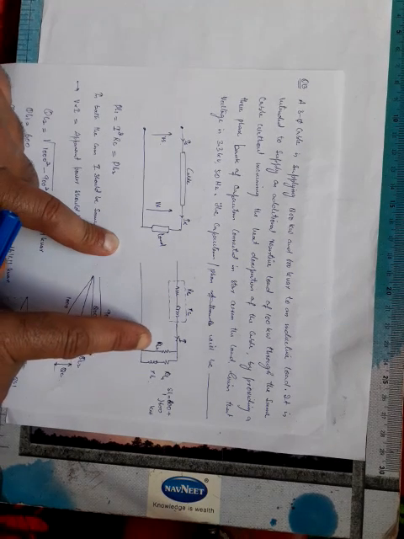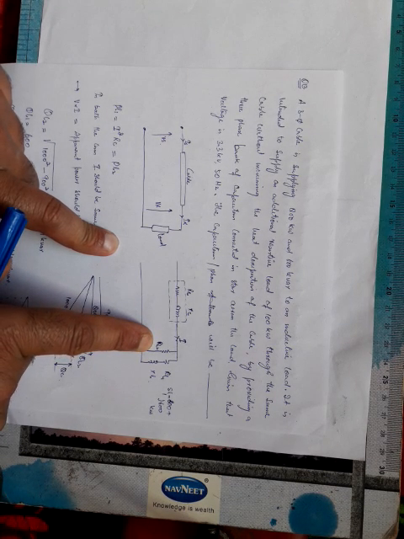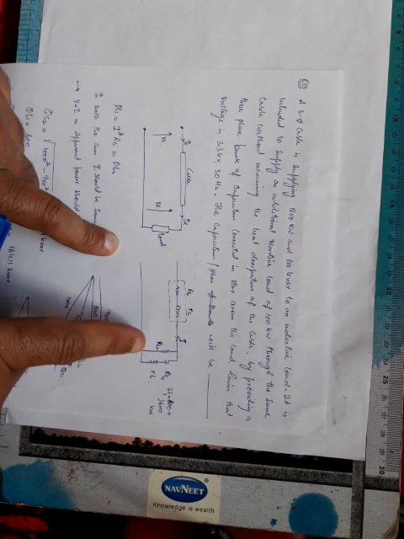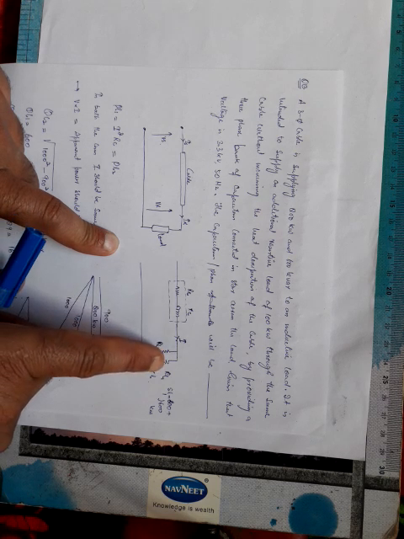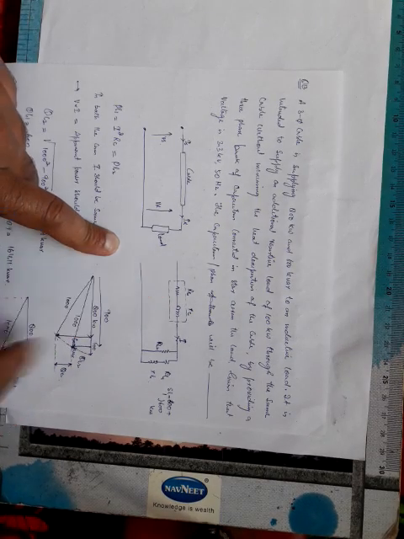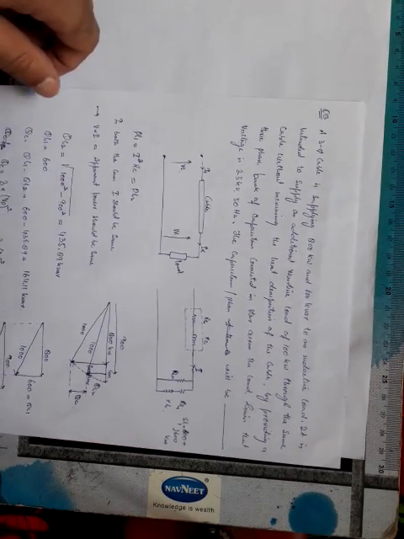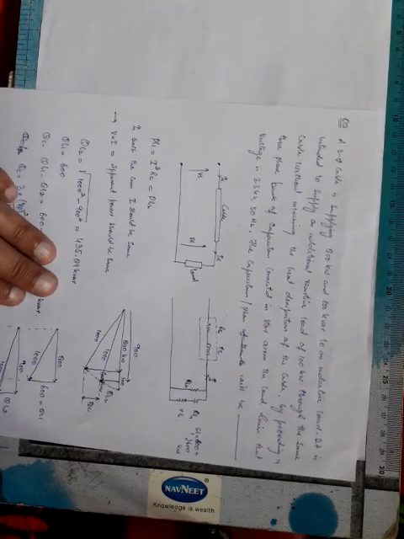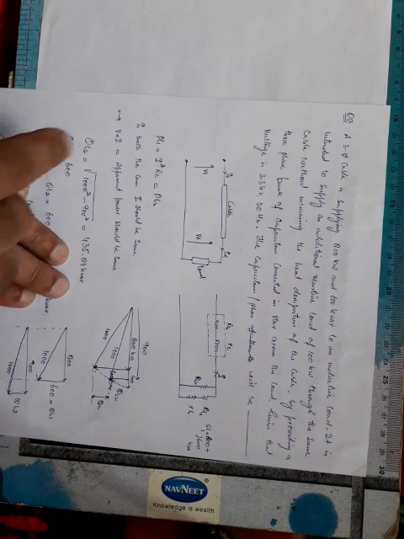That means before connecting this RL2 across the load, the current was I, and after connecting it, the heat dissipation should remain the same. So let us first see how this happens. What is the parameter that should remain constant?